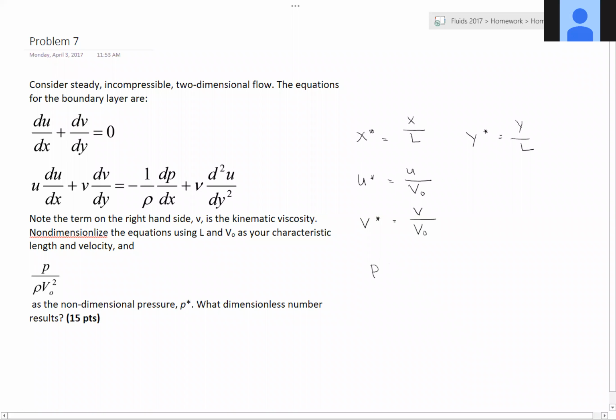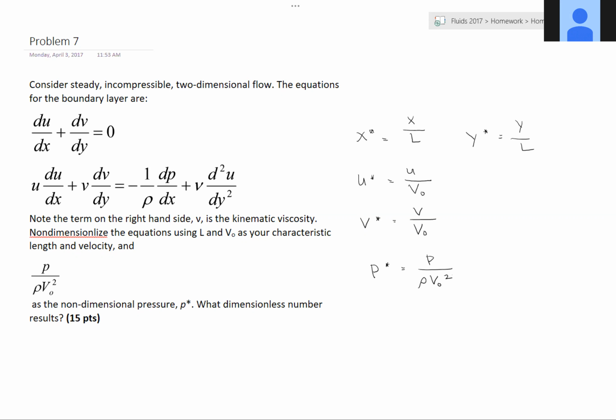And there is some length that is part of the problem, and you use that. And it's for every velocity and for every length. Does that make it a little easier?